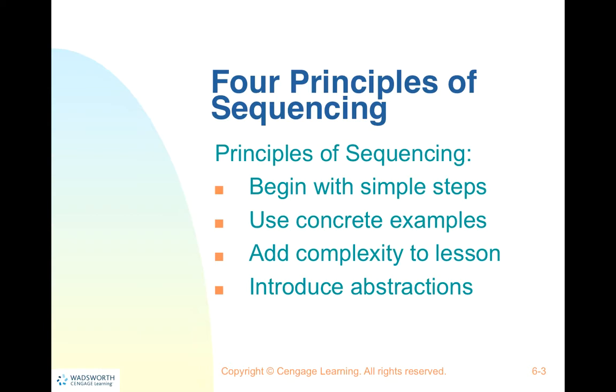And then in that final principle, we introduce abstractions. Oftentimes we do this with a question we pose to our students. And we might need to go back into previous steps. At this point, we might need to go back and show some more models or give some more examples.